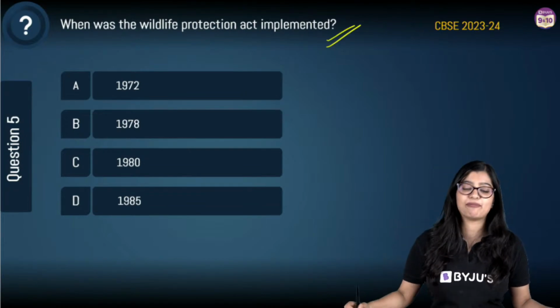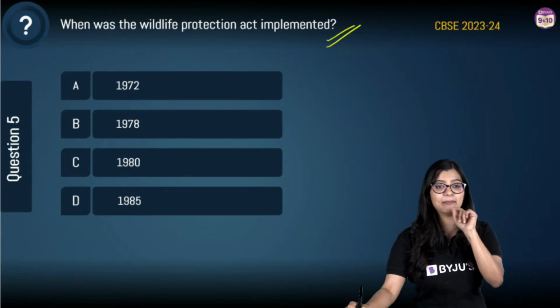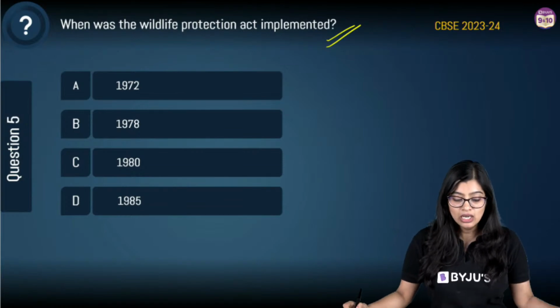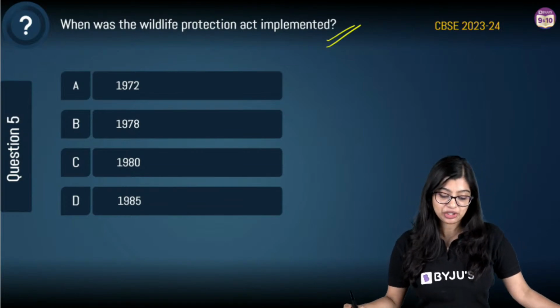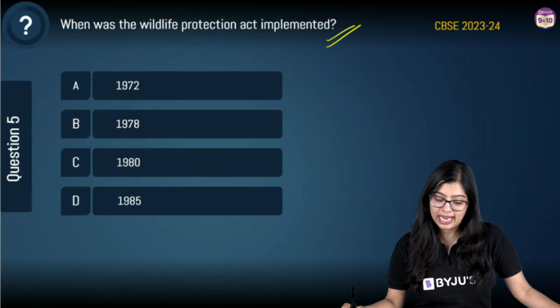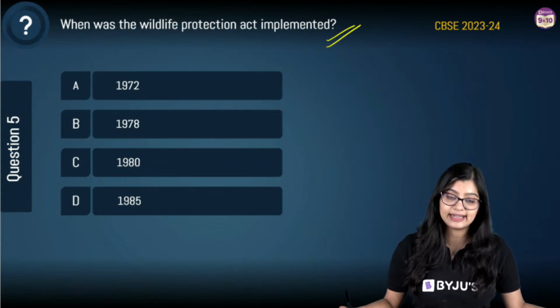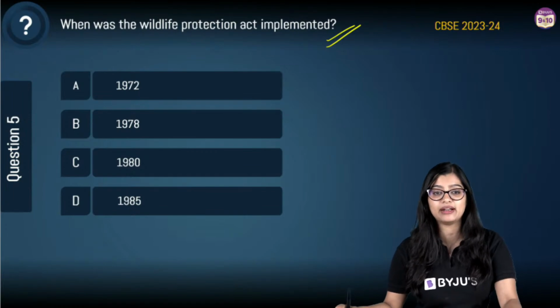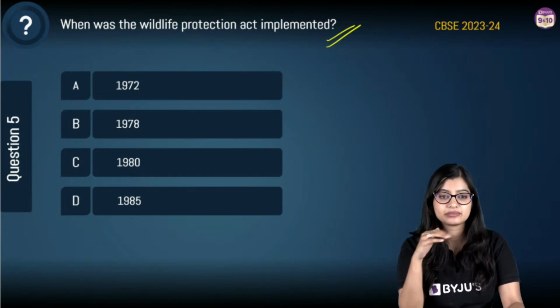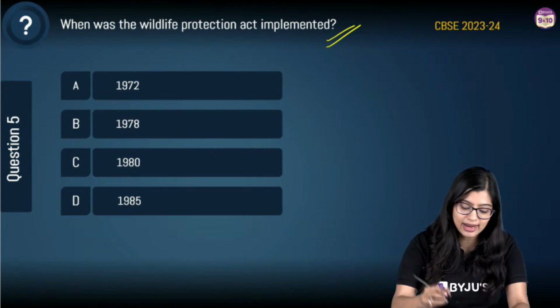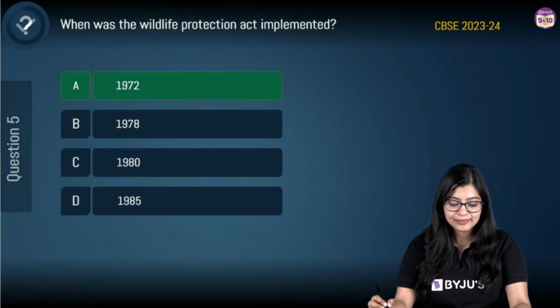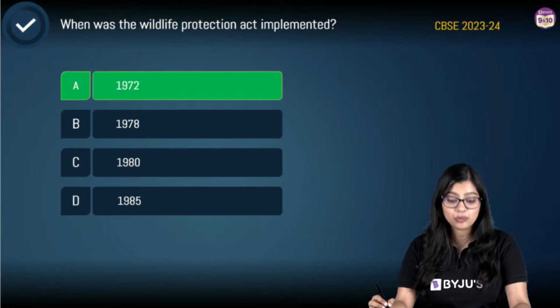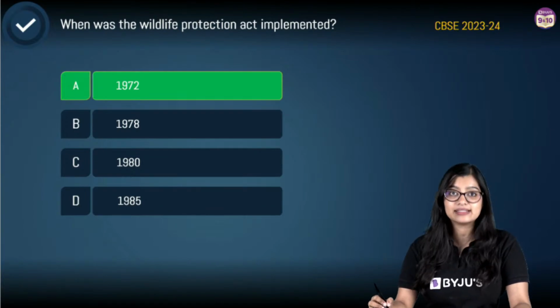When was the Wildlife Protection Act implemented? 1972, 1978, 1980 or 1985? When was it implemented? Very good, all of you, right? So the Wildlife Protection Act was implemented in 1972.